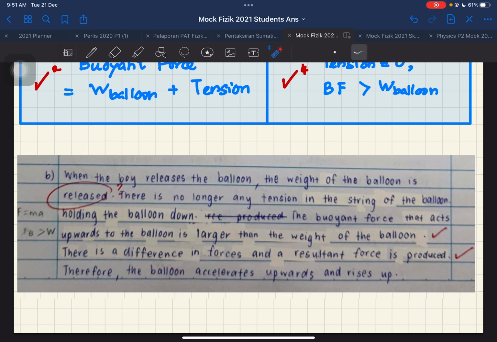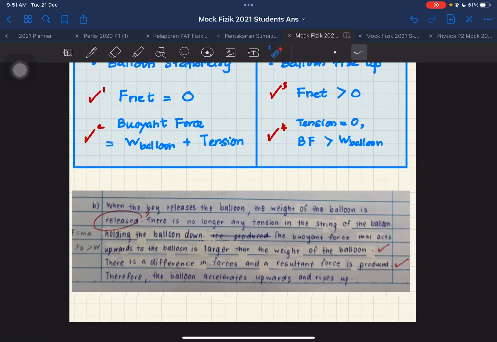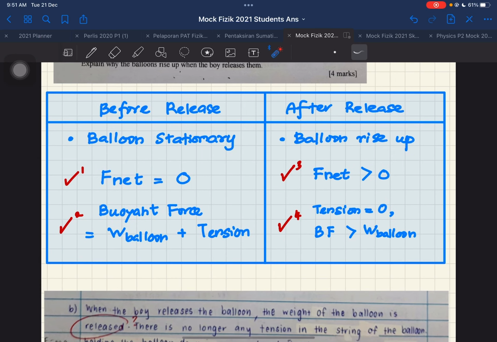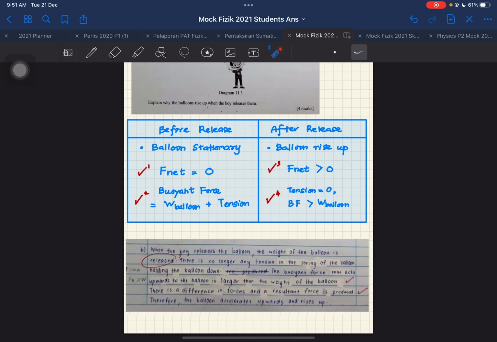The buoyant force that act upward the balloon is larger than the weight of the balloon. So here can give, this is actually tick number 3. Then there is a difference in force and a resultant force is produced. So this is tick number 4, this is tick number 3. So this student only explain after the balloon is released, before it's not explained.